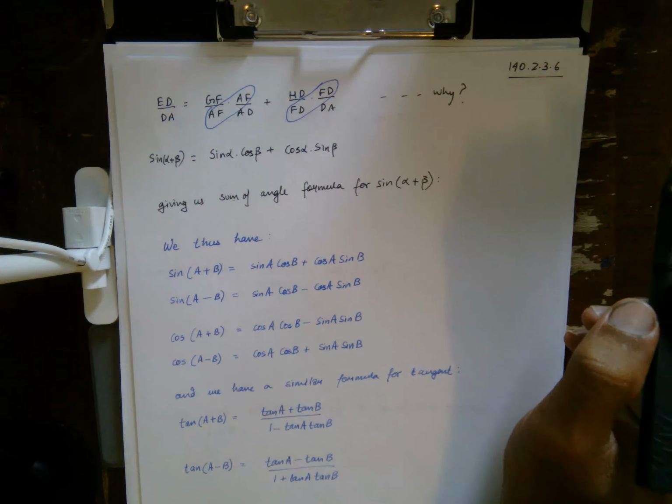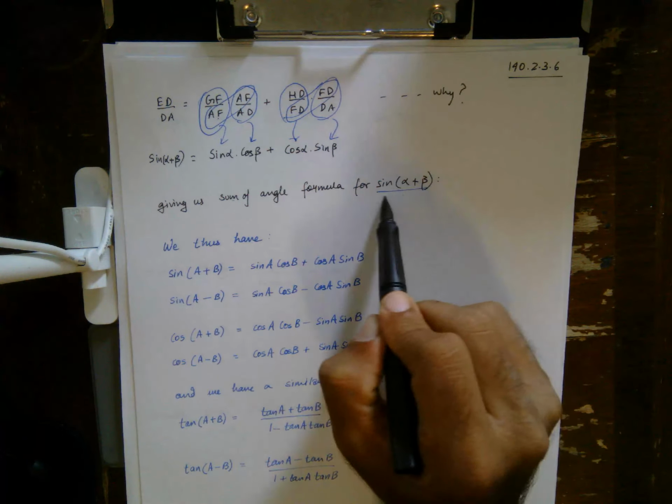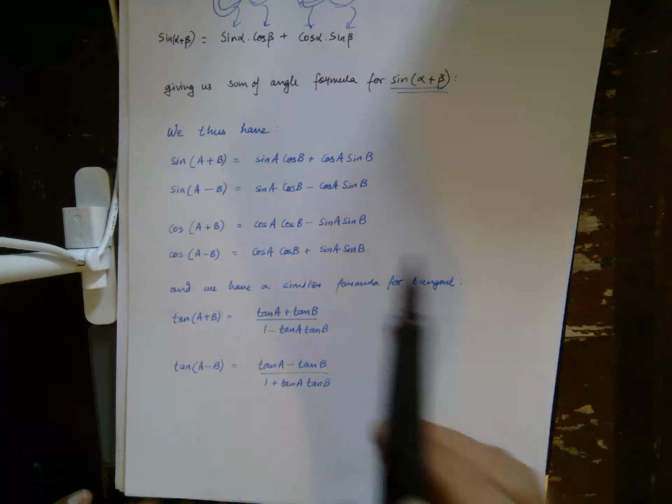Again, I don't change anything. Why do we do this weird thing? Because I chose these so that each of these ratios corresponds to a trig ratio. And I end up getting sine alpha, cosine beta, cosine alpha, sine beta. This gives us a formula for sine of alpha plus beta. So in general, we have this set of results.